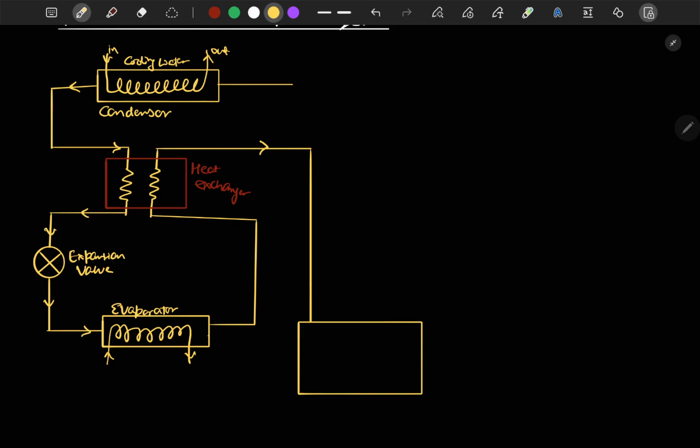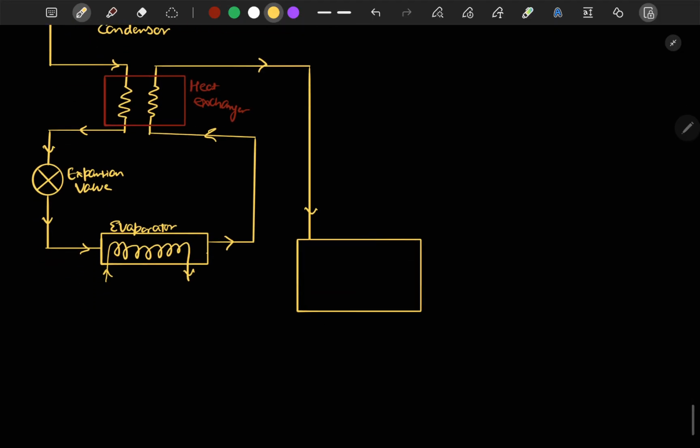After the evaporator, it exchanges heat with the condenser output, and then it enters the absorber.